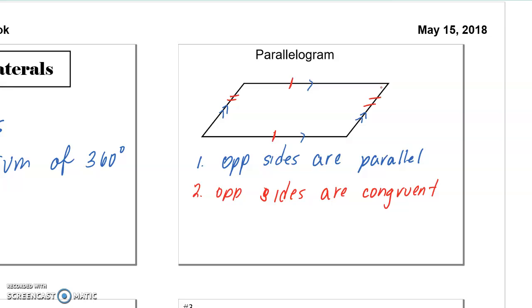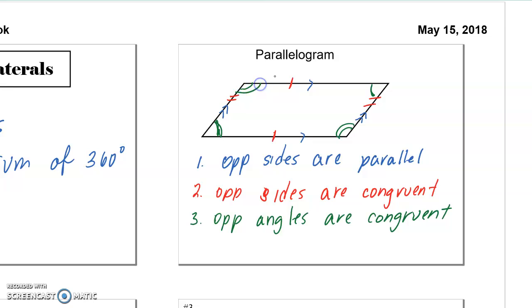The third property that I want to talk about first is we need to know that opposite angles inside a parallelogram are also congruent. Okay, so that means this angle here, whatever it is, must be the same as this one. And this one must be the same as that one.